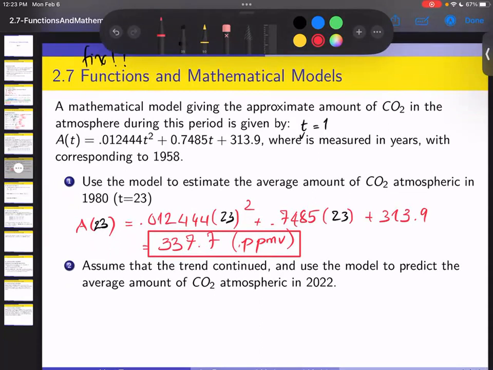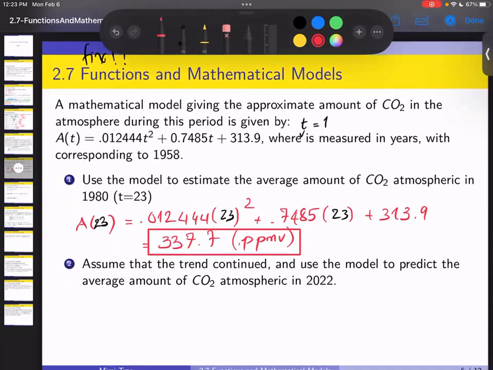So 2022, what is my T? What you're gonna do, and then you add 1. You got 2022 minus 58, that's 64, right? Plus 1 is 65.